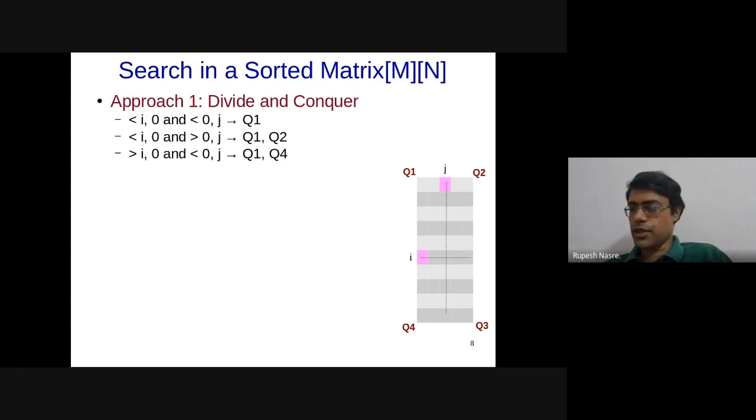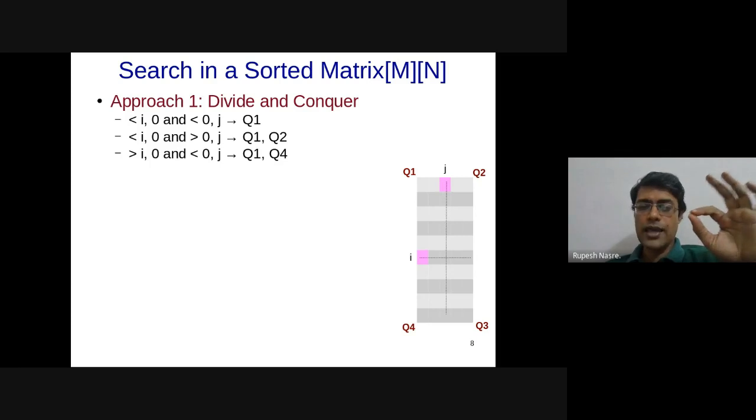Now can you fill up the remaining? What happens when it is greater than I0 and greater than 0j? Q3. Okay. Any other? Only Q3. Okay. Note that I am not talking about the value ij.